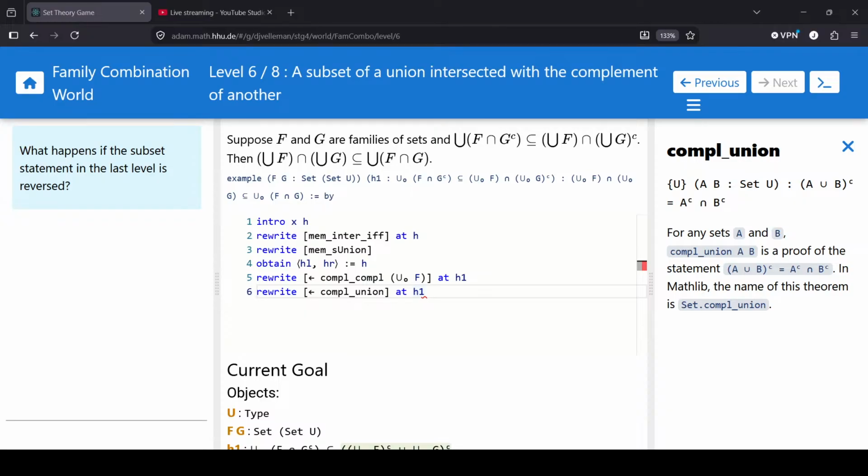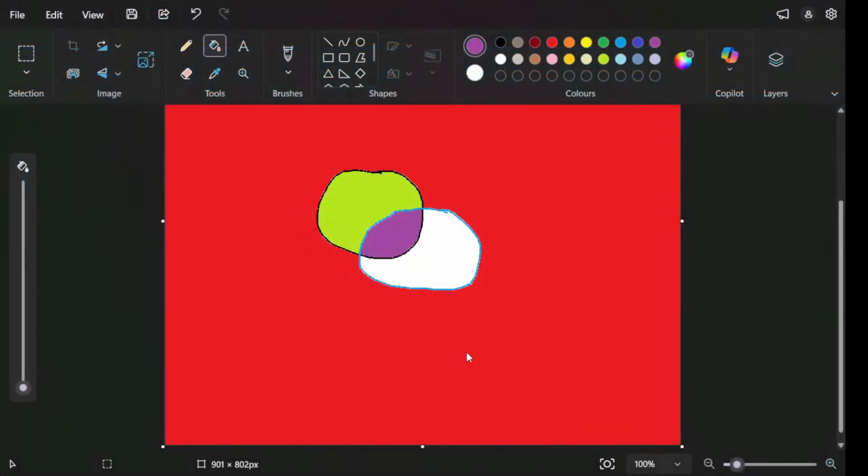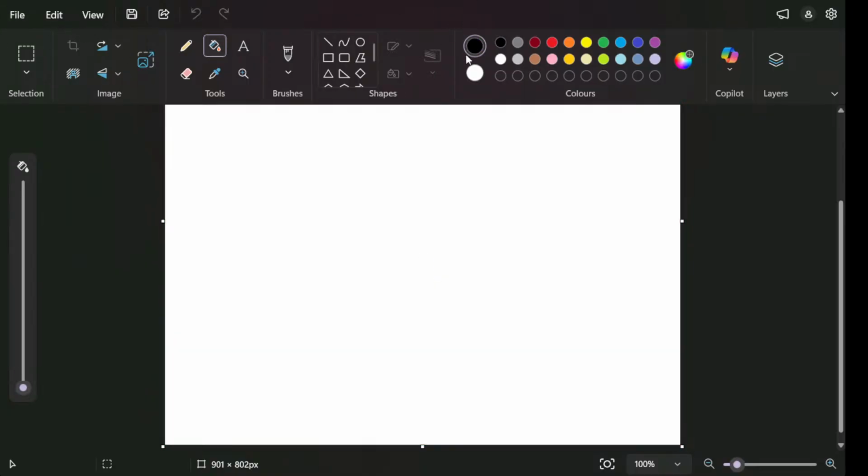Okay, let's go back to the drawing board. Let's just try drawing more examples, because I think that might help. Maybe. I feel confused. Everything in F is one of these. We're going to just put two sets here.